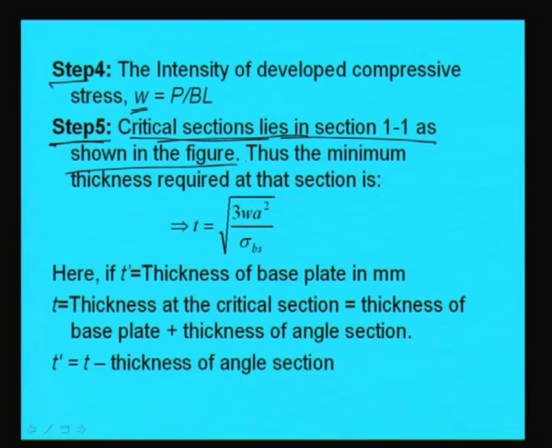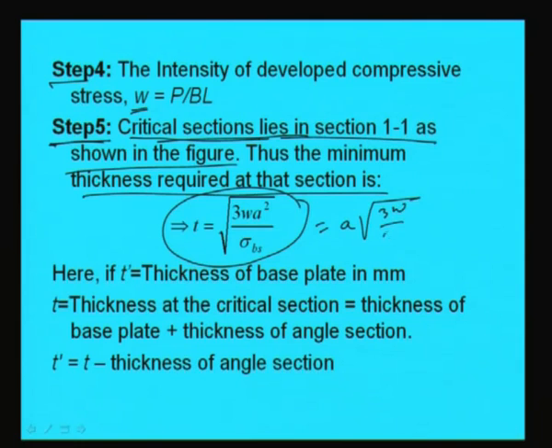The minimum thickness required will be from the formula that we have developed already, t is equal to square root of 3W a square by sigma bs, or we can write a into root over 3W by sigma bs. So, the minimum thickness of the gusset plate required will be this.